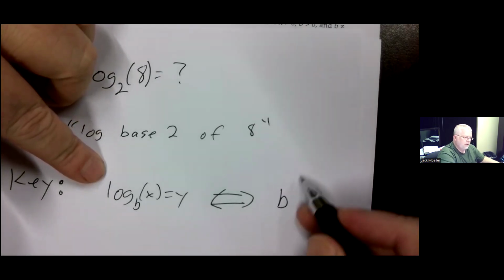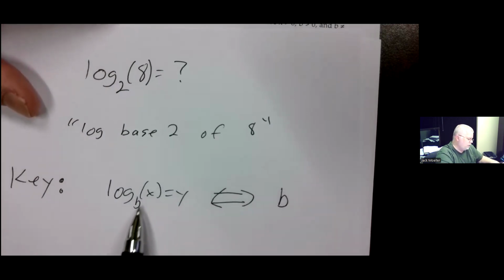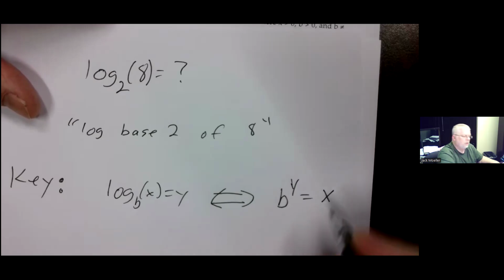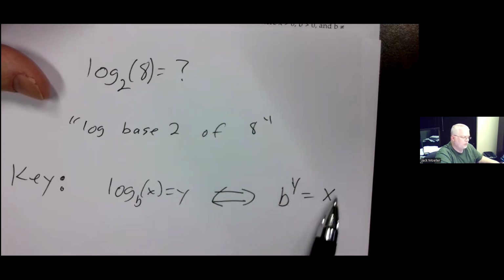So this is going to be b to some power. And now, if hopefully you've done your 6.2 homework, the inverses, one of the themes in inverse functions is you swap the x's and y's. So now instead of x being with the b, the y should be with the b. That's going to equal x. So log base b of x equals y is equivalent to b to the y equals x.